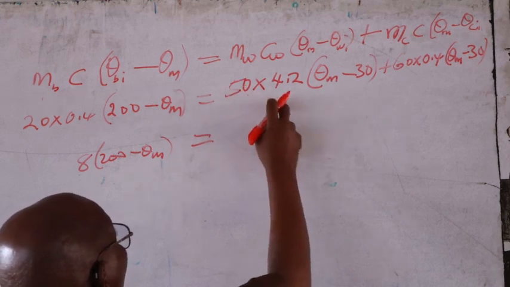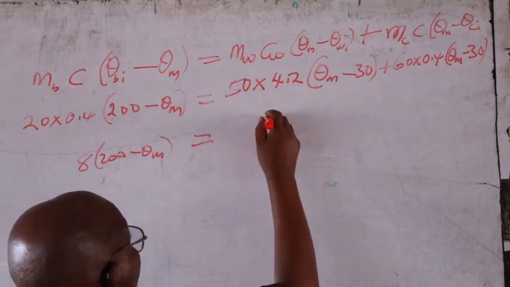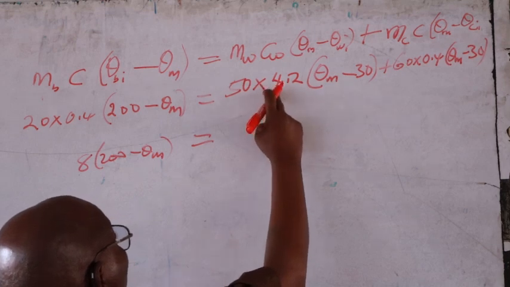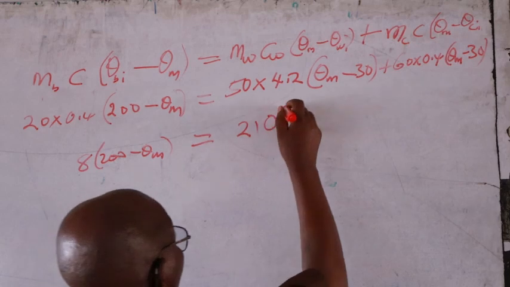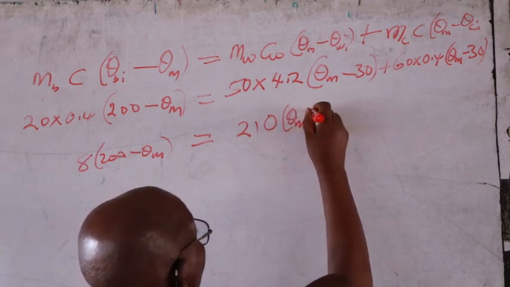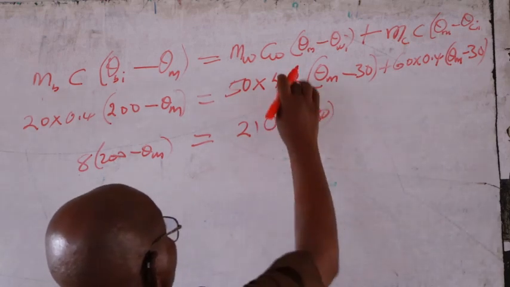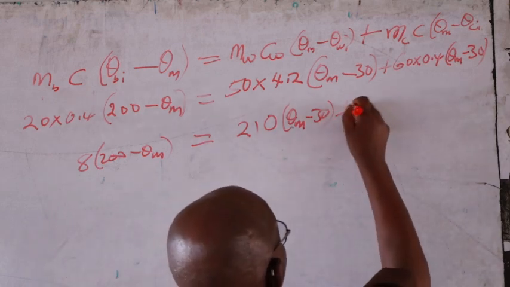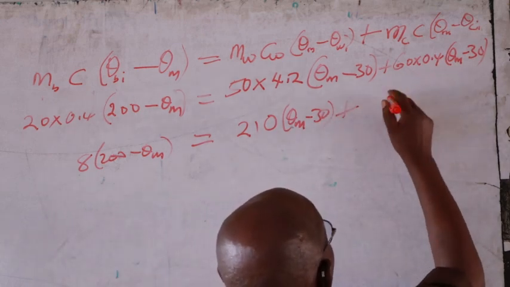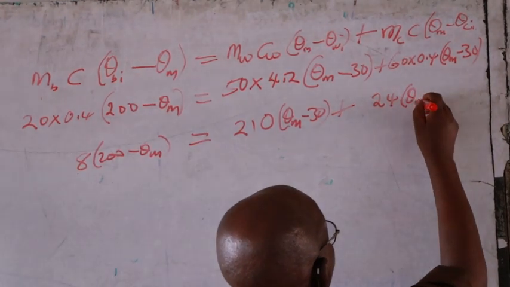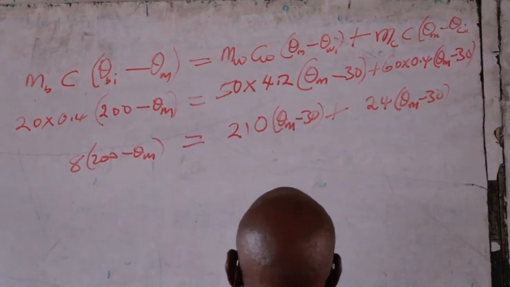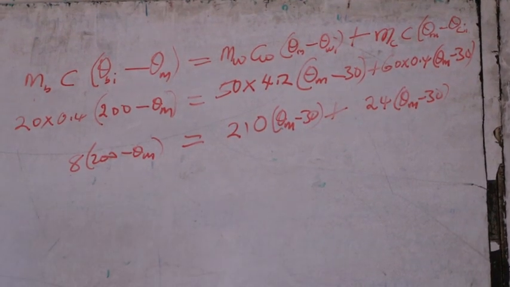You have 0 will go. 5 times 2, 10. 5 times this, 20 plus 1. That's it. Into theta M minus 30. Reduce this to this. Then plus, reduce this one, that will be 24 into theta M minus 30. It makes it simpler than the other one.